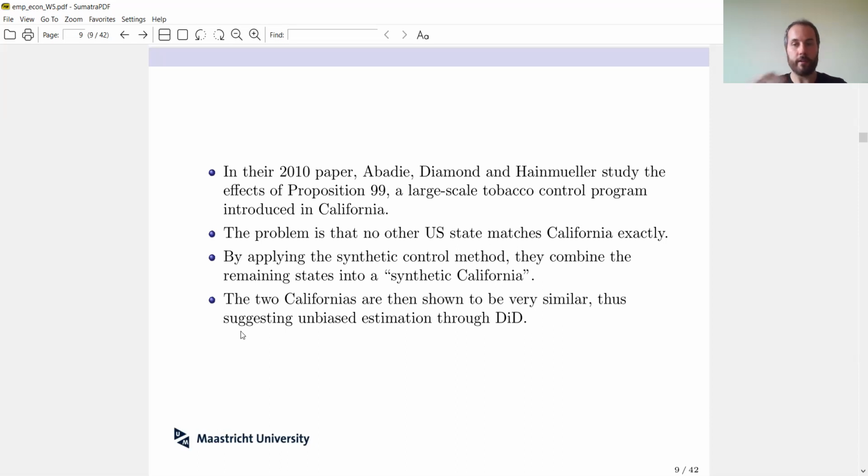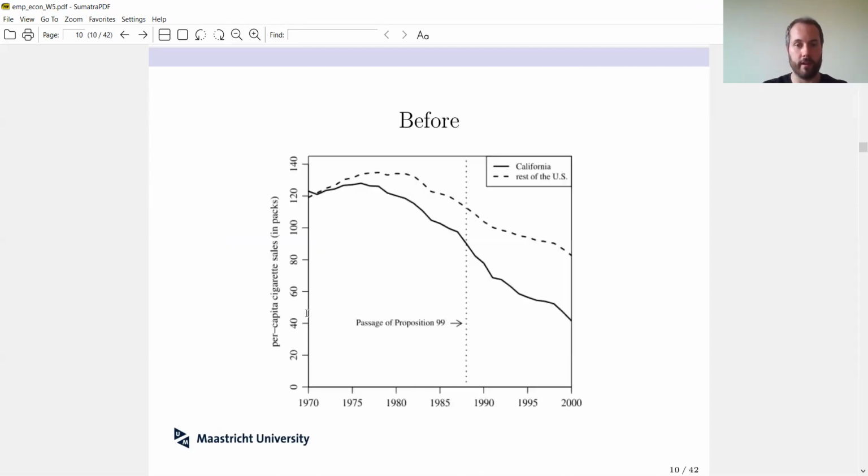And then they simply take all the other states, they apply the synthetic control method, and they find the synthetic California. And the two Californias are then shown to move pretty much in parallel before the treatment, and then only after the treatment takes place, the synthetic California changes one way, and the actual California changes in another way. Yeah, so actually, you see the pictures here.